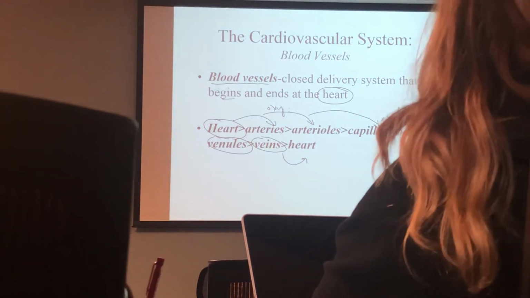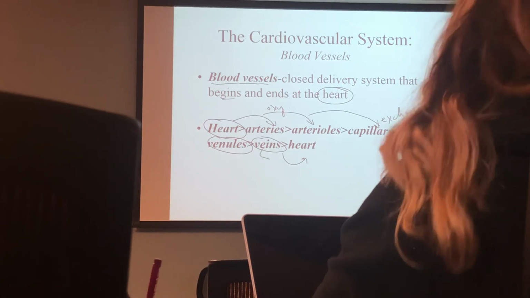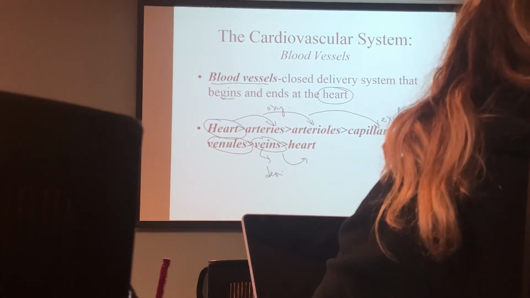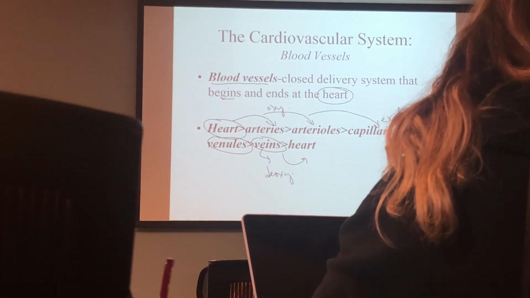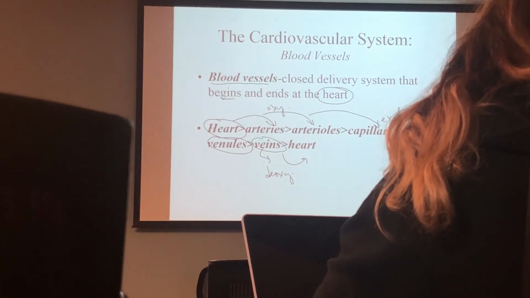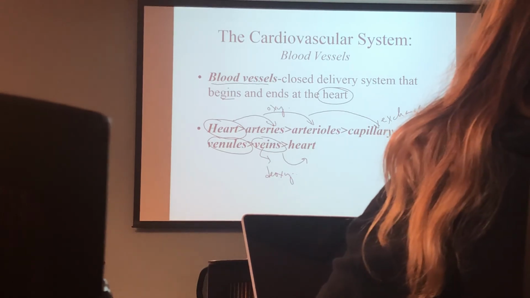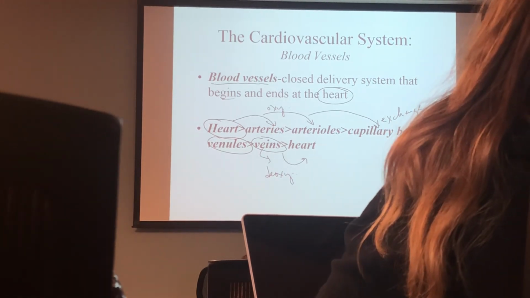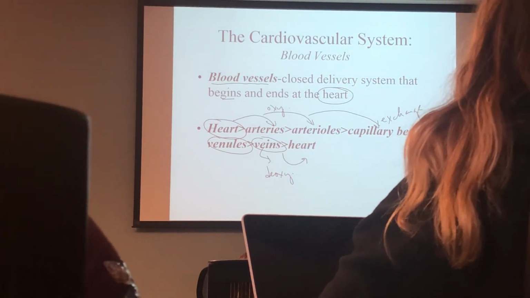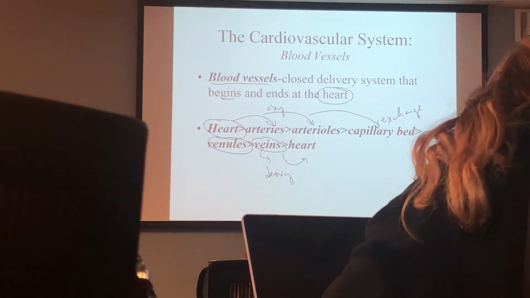Oxygenated blood, and blood in the veins, deoxygenated. What's the exception to that rule? The pulmonary vessels, okay? It's the opposite. But for the most part, most arteries carry oxygenated blood, veins carry deoxygenated blood.